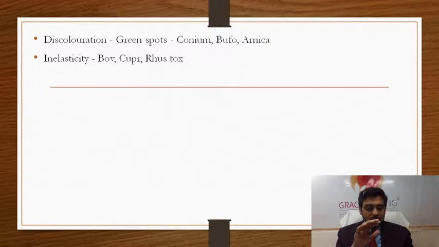Sometimes you touch the hand of the patient and the skin appears very rough. Rough skin. Which remedy comes to your mind?